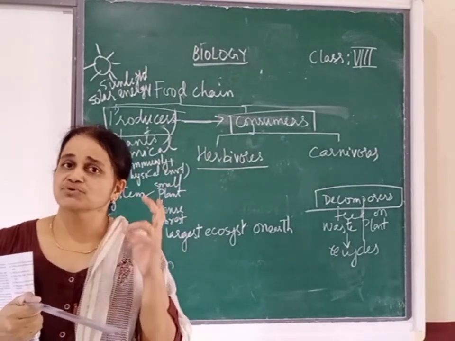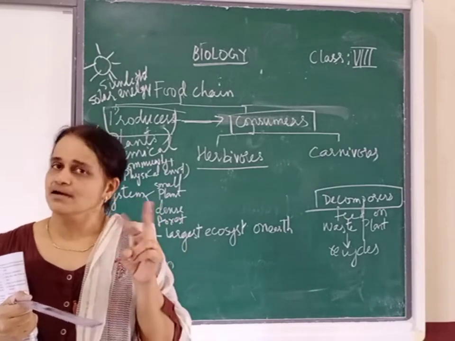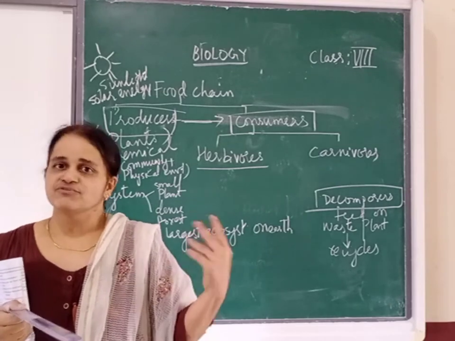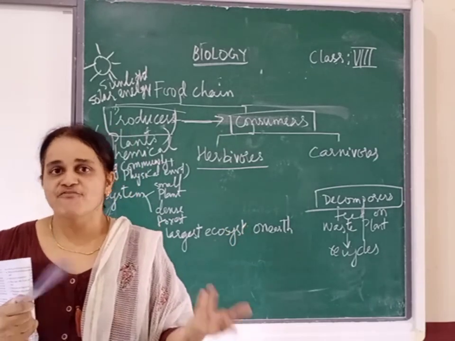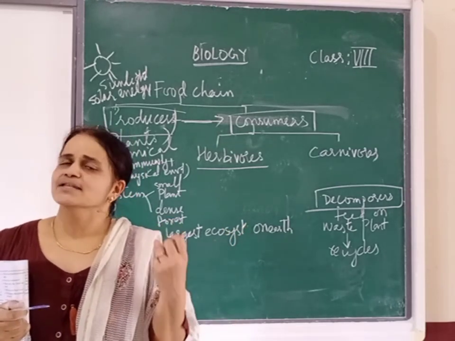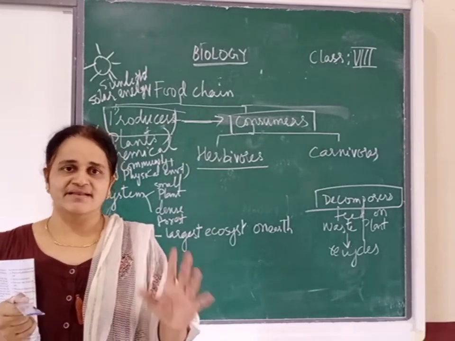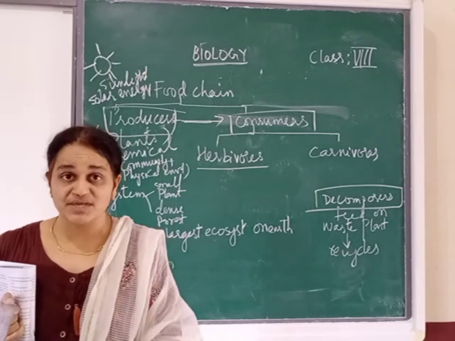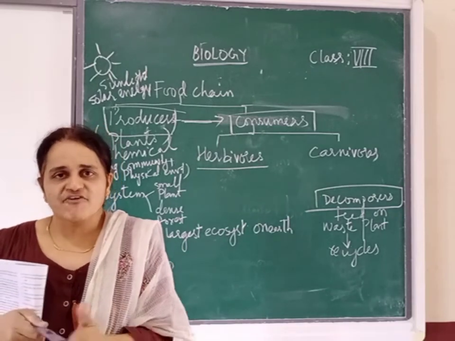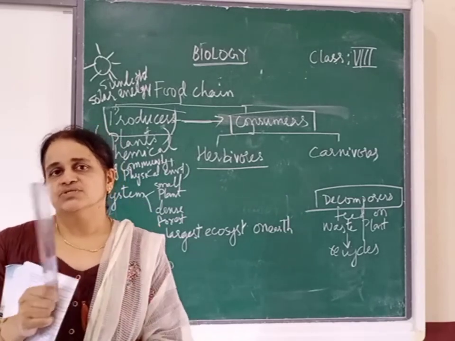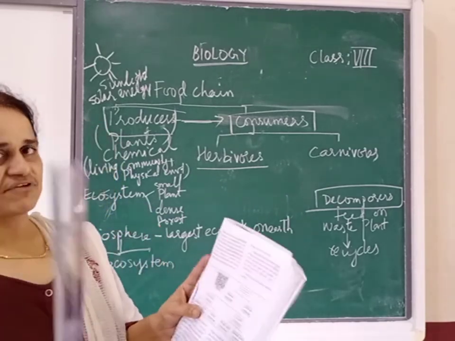In an ecosystem you have both biotic and abiotic factors. Biotic factors may be flora or fauna. Flora means plants, fauna is nothing but animals. These interact with the soil, the air, the pH of the soil. So all these factors together form our ecosystem. This ecosystem definition is clear, you have to write it.